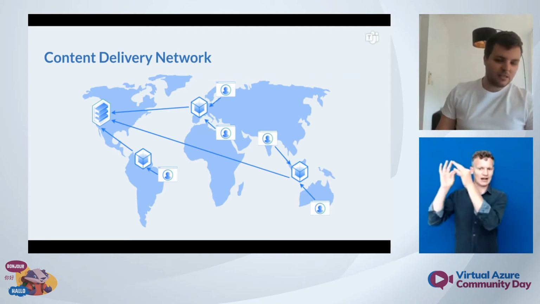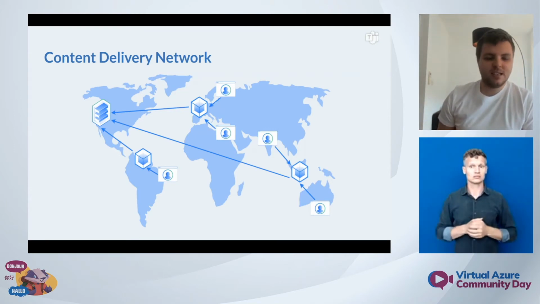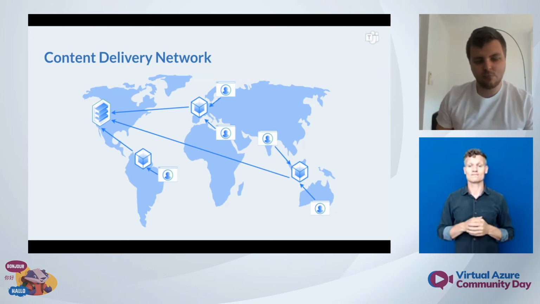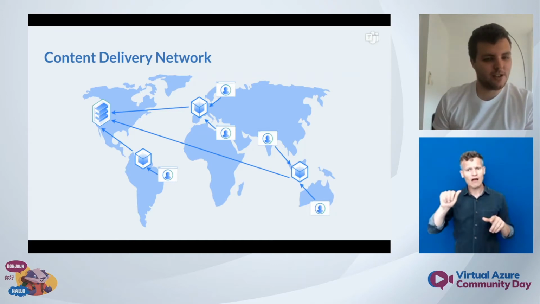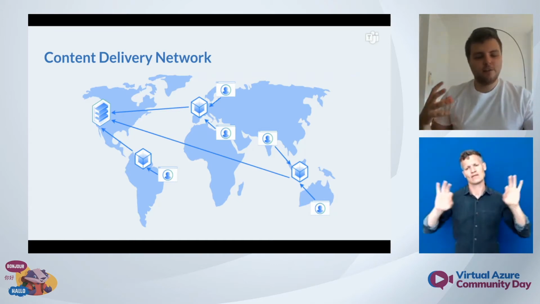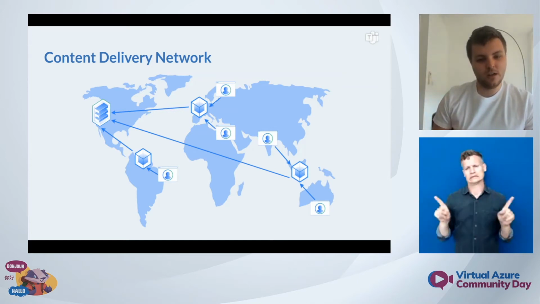This is great. It speeds things up a lot. And for things like static content, images, CSS, JavaScript, this is brilliant. This is what it's designed for. But it just isn't designed for dynamic content. So where we're building this flexible application with a lot of reads and writes, it's just not going to work.